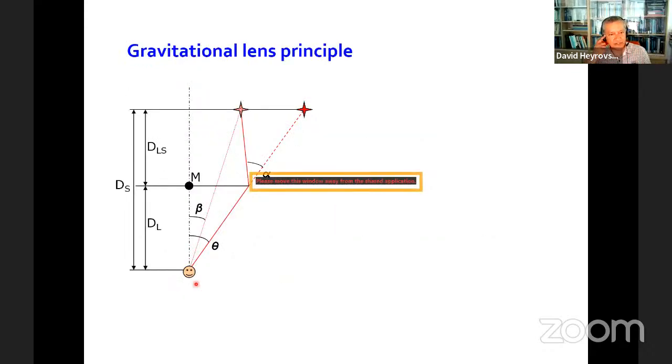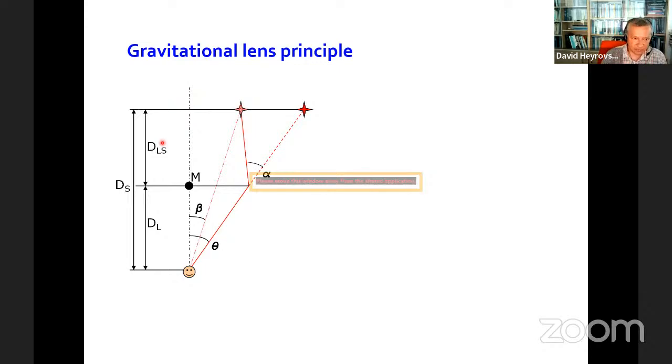Let me start with the basic principle of what is a gravitational lens. And here it comes in handy that last week you had a seminar by Jerry Gilmore, who told you about Einstein's formula for the light deflection and its first experimental verification. This regime which I have here is nearly identical, and the only difference is that you are observing a distant object like a star, could be a galaxy or a quasar also.